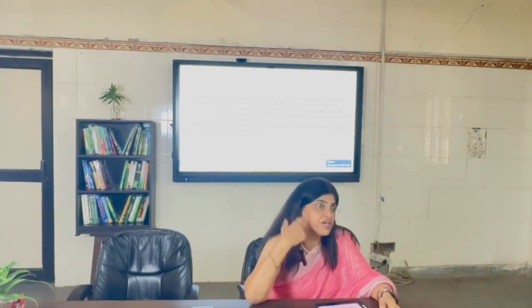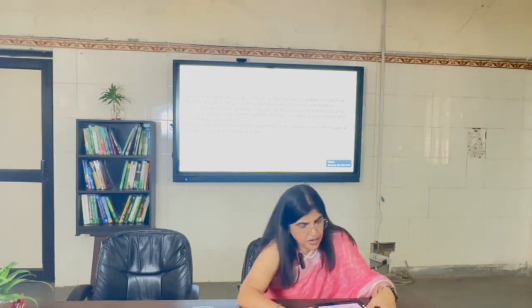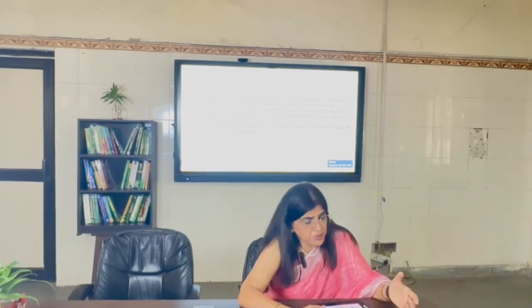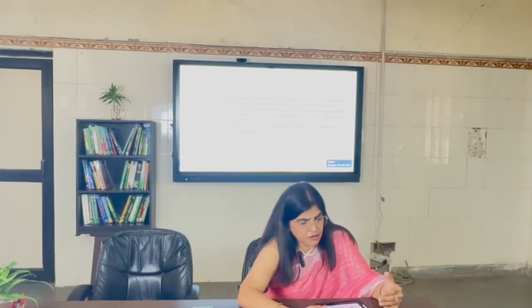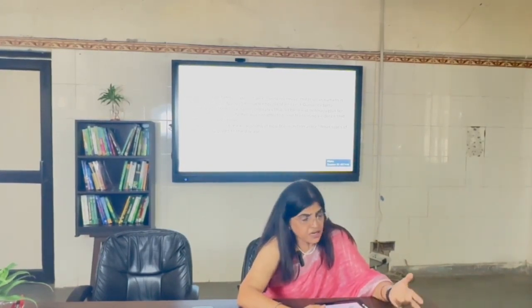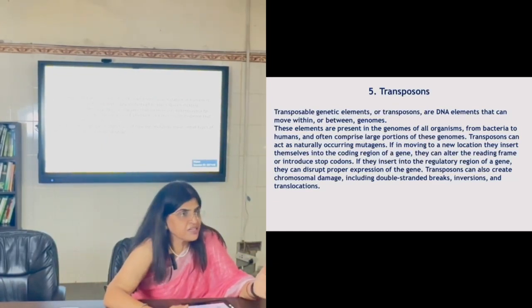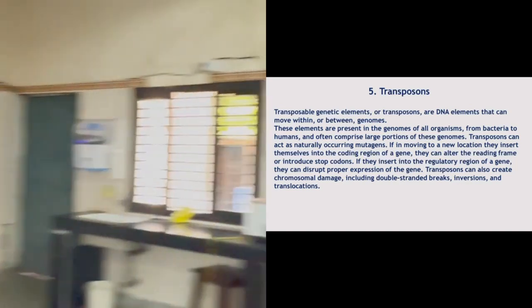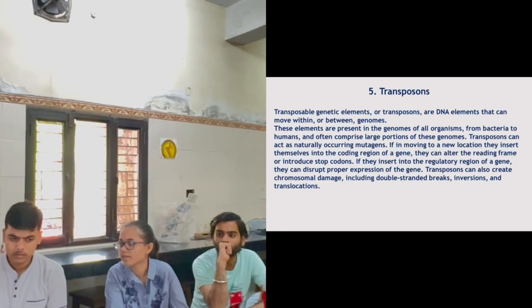Transposons are elements that can move from one DNA to another DNA, between genomes or between DNA elements. But when they go, they don't go alone. They carry some genes, some DNA segments, with them. They occur in bacteria, humans, everywhere. And transposons are natural mutagens.